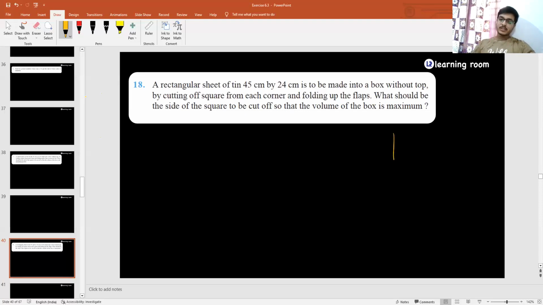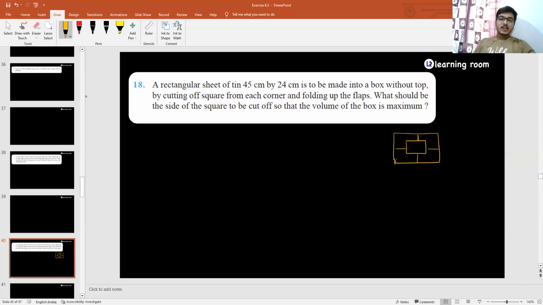If you are cutting out squares of x centimeter, how can we say?